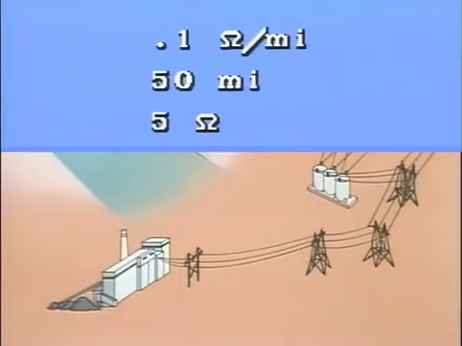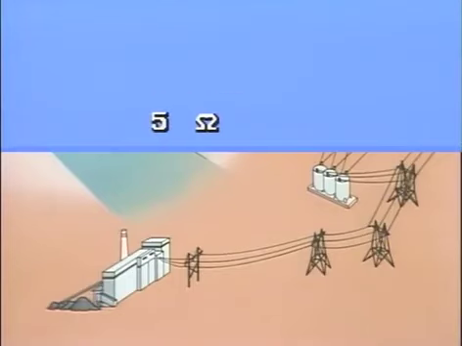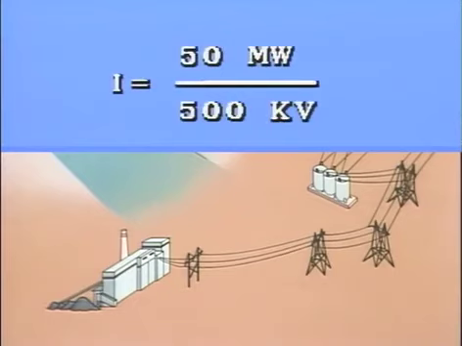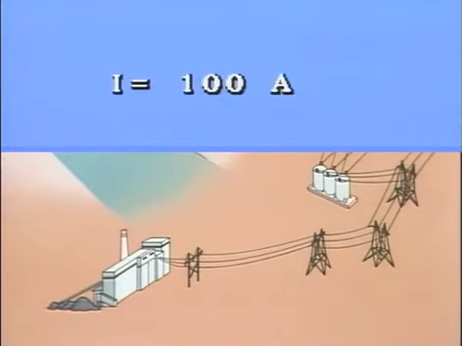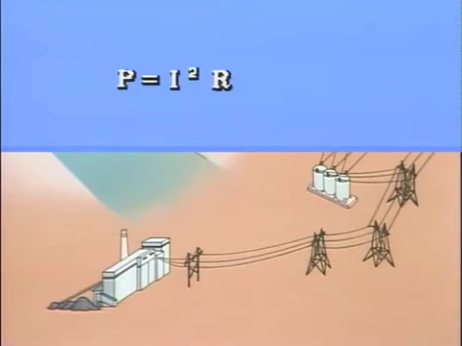So the conductor's resistance was 5 ohms. Our calculation showed that if transmission power was 50 megawatts and transmission voltage was 500 kilovolts, current through the transmission line was 100 amps. Then we calculated the power loss, substituting the values for current and resistance. We found that for the 50-mile-long transmission line, there was 0.05 megawatts of power loss.